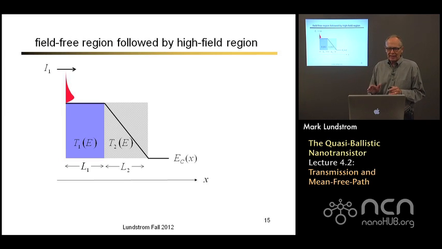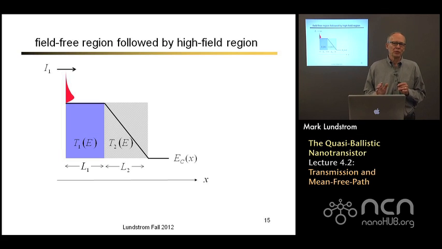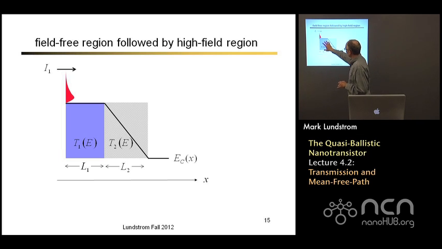Okay, now I want to make it a little more realistic. For those of you that are familiar with bipolar transistors, will remember that we can think of the base as a neutral region with no built-in field, and we can think of the collector as a high field region. But this is also the way a MOSFET is designed when it's electrostatically well tempered. There is a low field region near the source, and then most of the electric field and potential drop occurs near the drain.